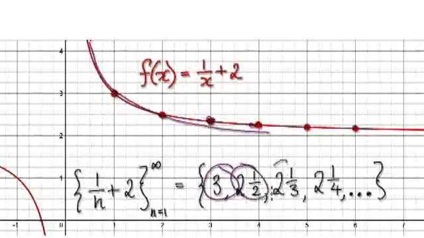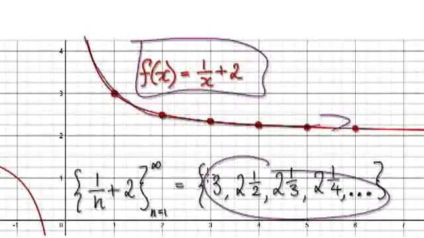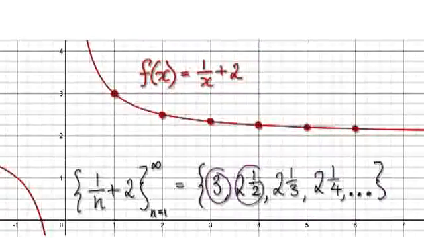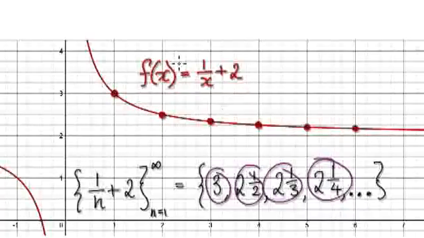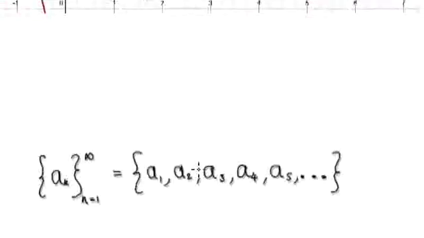Any term on the sequence will be on the function, and if the function converges to some sort of limit, then the sequence will have no choice but to also converge to that same limit, because every term in the sequence maps on top of the line, on top of the function. So if the function heads towards some sort of limit, then the sequence will also head towards the same limit.